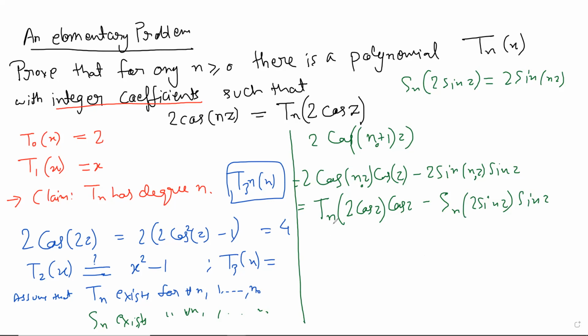Because if you are going to put 2 cos z, but then here you are needing to put sine z, that is a problem. So this approach is not done, right? What we need to do is write everything in terms of 2 cos z. Then only we can say that this is some polynomial evaluated at 2 cos z. But here we have the sines.